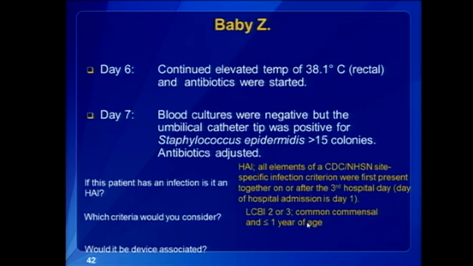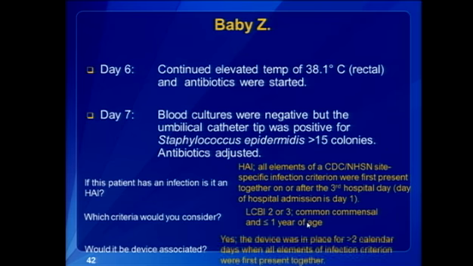Babies are less than a year of age, so either one would be reasonable, and this is a common commensal organism, so those would be the logical criteria that you would consider. Would you consider it to be device associated? And the answer is yes. The device was in place for more than 2 calendar days when all of the elements of the infection criterion were first present together.